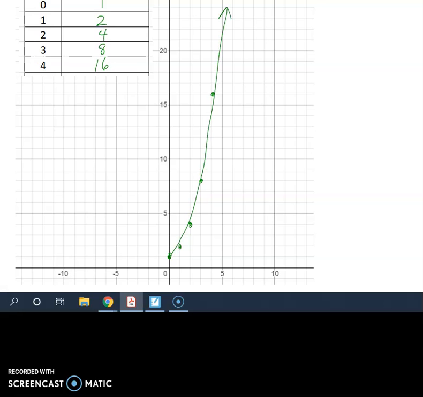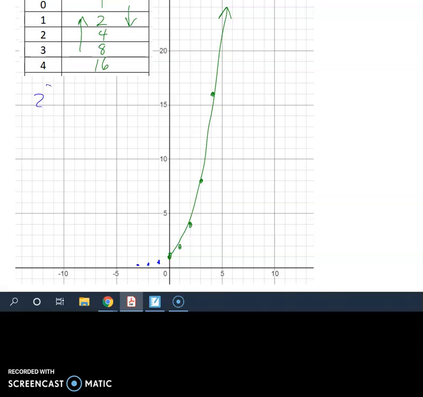It's curved, it's not straight. And then my question is about what happens on the negative side. So if you're looking at the answer going this way, the answers double. If I go back the other way, answers are half as much as they were previously. So that means at -1, the answer is going to be 1/2. And then -2 is going to be 1/4, and then -3 is 1/8.